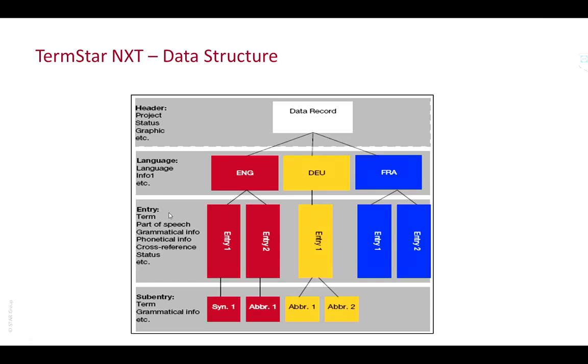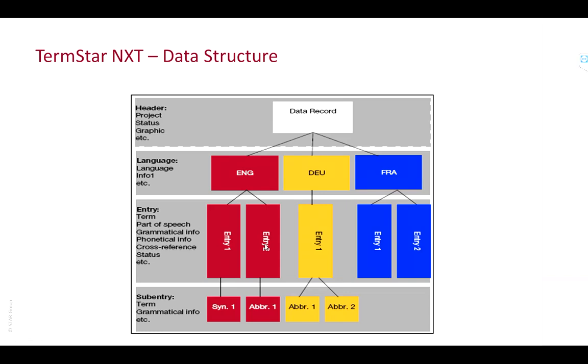We also have the entry. This is the basic thing of one data record. You need one entry for the data record to exist. The term. And there are also more fields like part of speech, grammatical info, phonetical info, and lots more.